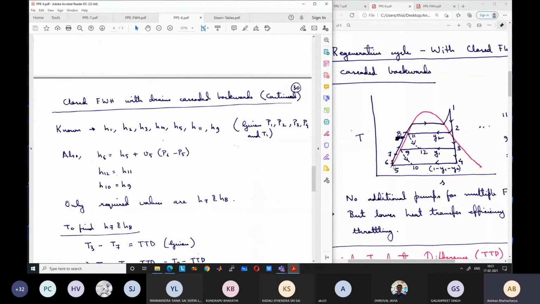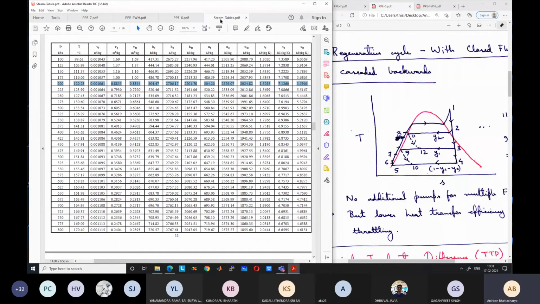Say it is 200 kPa pressure. So what will be the enthalpy here at 200 kPa pressure? We'll get it from the steam tables, the saturated tables.